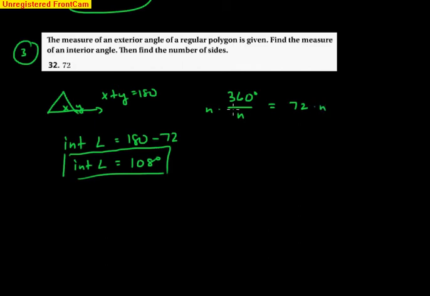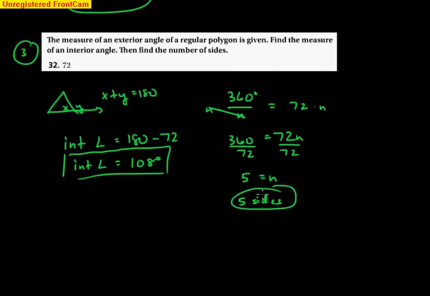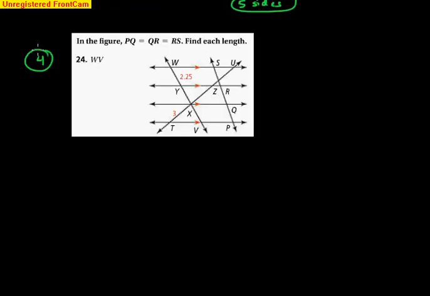Times both sides by n. 360 equals 72n, and then divide by 72. And this will come out to be 5. Find the number of sides. There are 5 sides. And there we go. So remember, interior angles, n minus 2 times 180. Exterior angles always add up to 360.